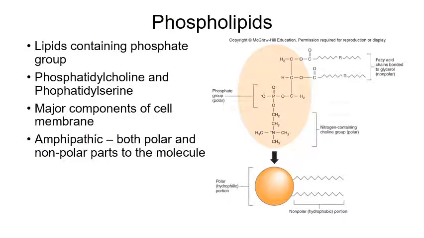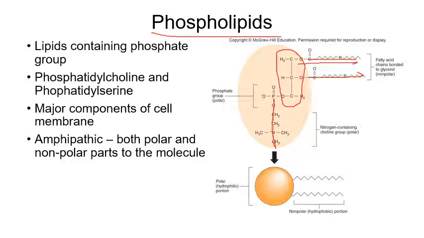And I want to make note of one special type of lipid. Remember, our lipid has this glycerol backbone. Okay, a phospholipid is a triglyceride, and we have a fatty acid, and then here is another fatty acid.